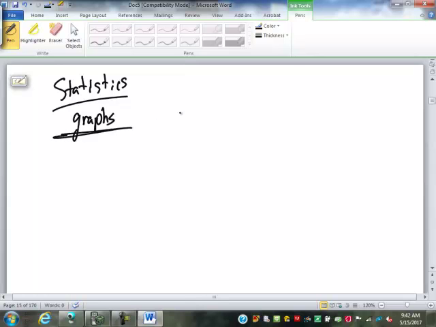Let's start out talking about graphs. For example, let's say I want to look at scores on the last test. Well, I can't list out each individual score. So what I'm going to do is I'm going to list out ranges.